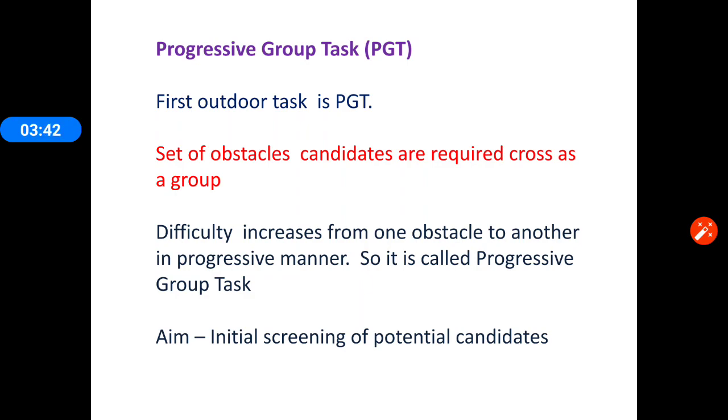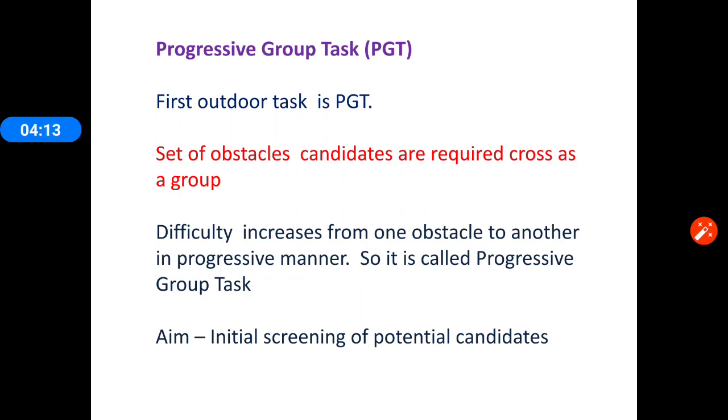Now why is this conducted? This is basically to do the initial screening of the potential candidates, because by now SSB has identified you by virtue of their written tests, group discussion, lecturette, and various other psychological tests. Now these tests are basically outdoor tests, and they are assessing you for your leadership qualities. And what are the leadership qualities?